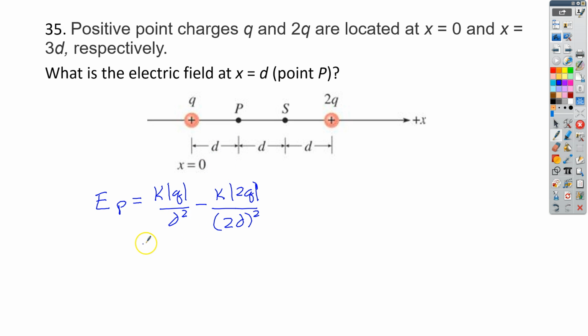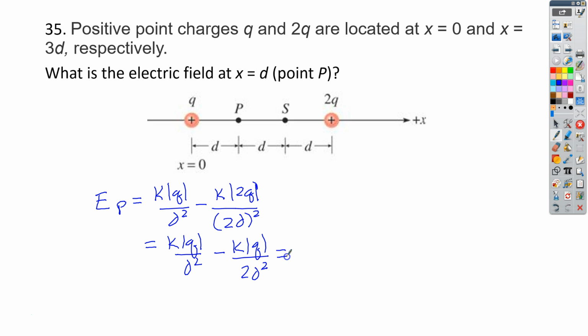And when you do that, you should end up with this is equal to K times Q all over D squared minus, now we're going to split this up, K times Q over 2D squared.